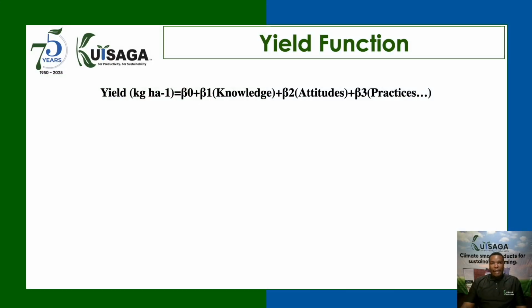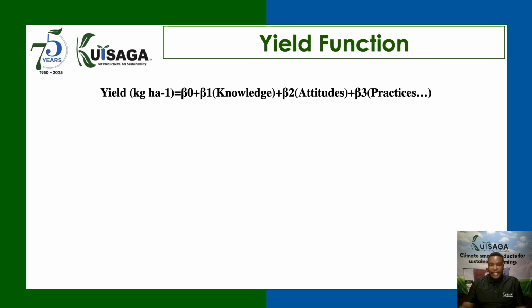You will appreciate that yield is definitely a function of many things. Specifically in this slide, I'm showing what we're calling knowledge gaps. These knowledge gaps span from soil management and fertilizer, irrigation and water management, all the way up to varietal selection and breeding. We also have attitudinal issues. These are to do with your perception, right?